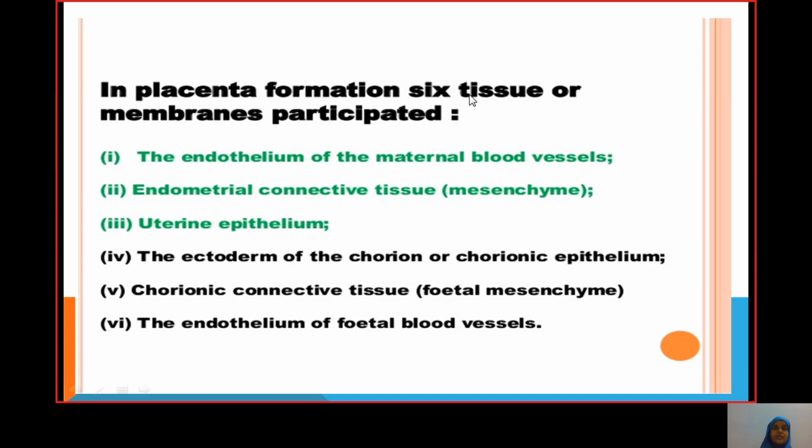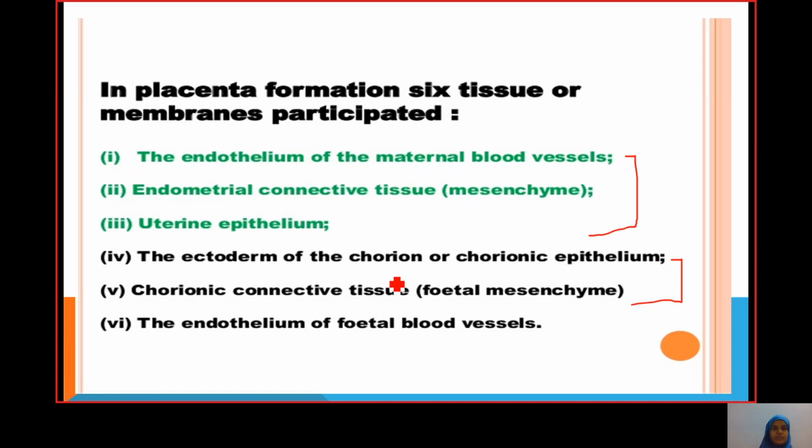In placenta formation, 6 tissues or 6 membranes participate. 3 membranes are from the fetus and 3 membranes are from the mother. What are the layers? First, the maternal layers: the endothelium of the mother, connective tissue of the mother and uterine epithelium of the mother.